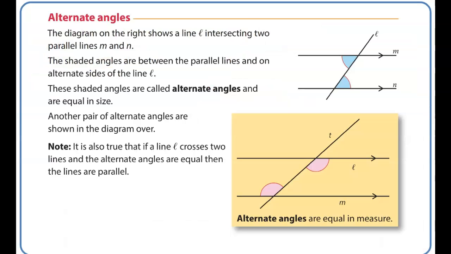The first rule is alternate angles. Alternate angles are where you have two angles inside the two parallel lines that are one either side of the transversal. And it creates a sort of a Z shape.